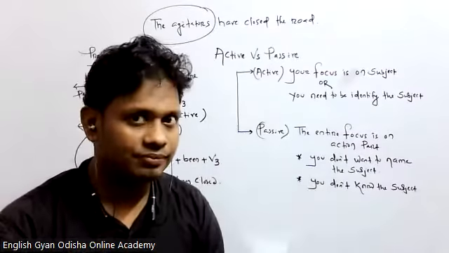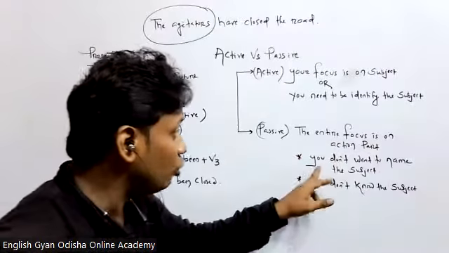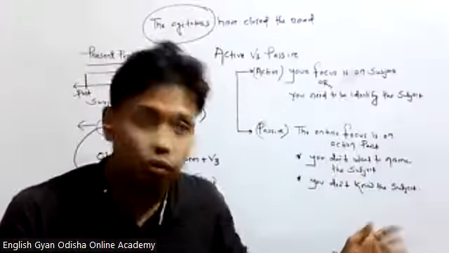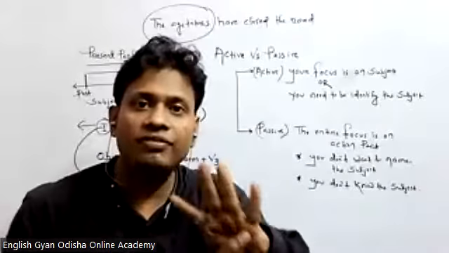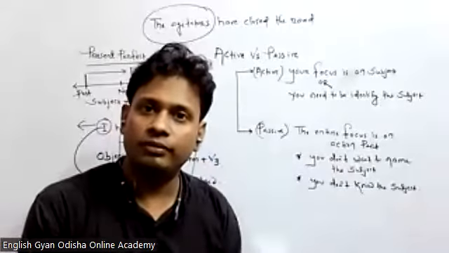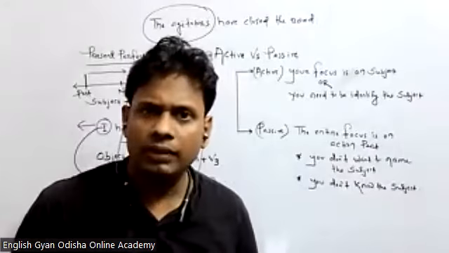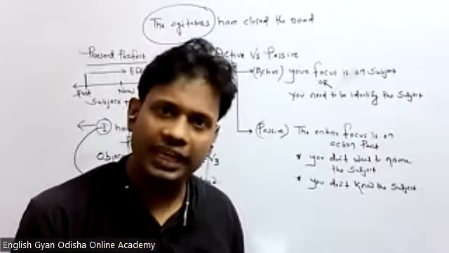Before that, how can I tell that he is the culprit? So I don't want to name anybody, the focus is on the action part. You don't want to name the subject or you don't know the subject, who has done that. I don't know. What I find in my office is five chairs have been broken. Oh my god, my chair has been broken, who has broken it? Okay, let me check the CCTV footage, then I can find out.